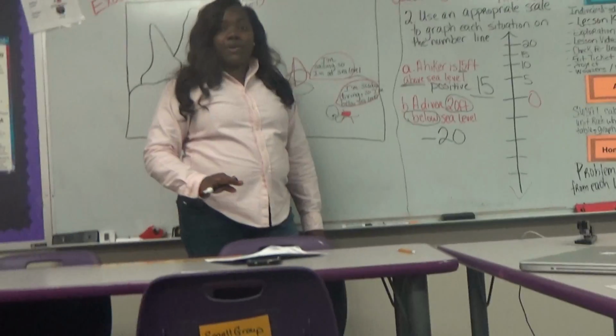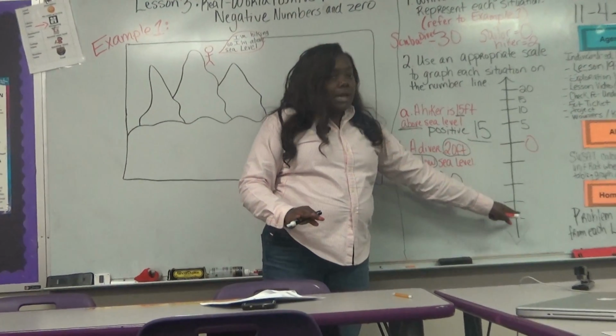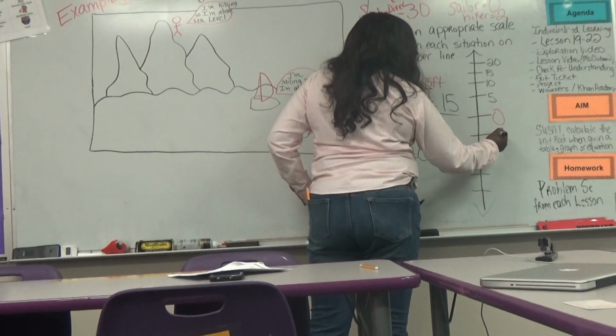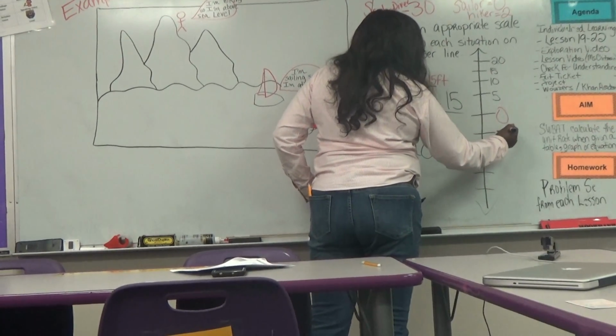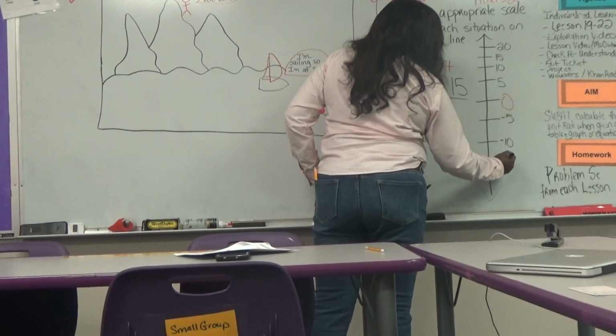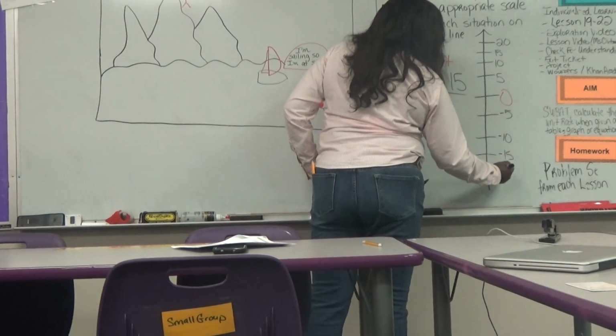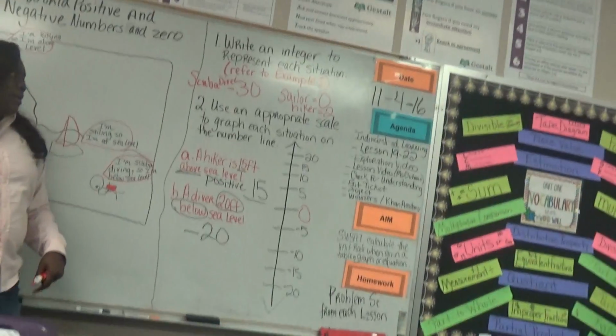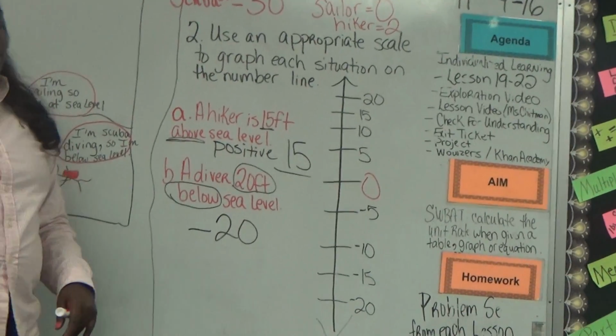Below the 0 on a vertical number line, I will have negative numbers. So going down, I would have negative 5, negative 10, negative 15, and then negative 20. Christopher, make sure that you get a view of that vertical number line.